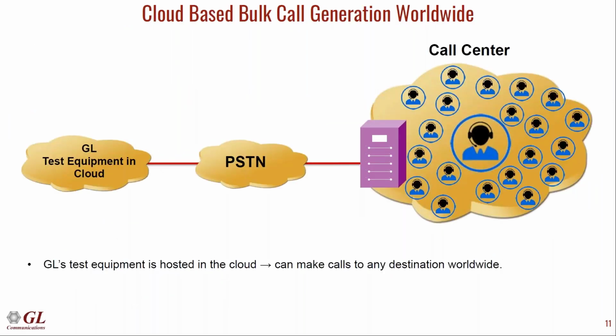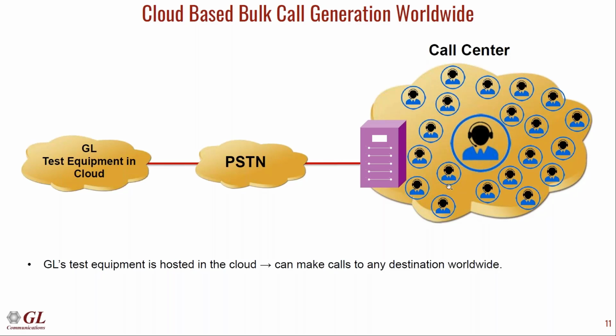Okay, so to summarize the first half of this presentation, we are coming from the cloud. Our test equipment is in the cloud, and we can generate all sorts of calls through the public switch telephone network to the call center. And we can help the call center identify problems.